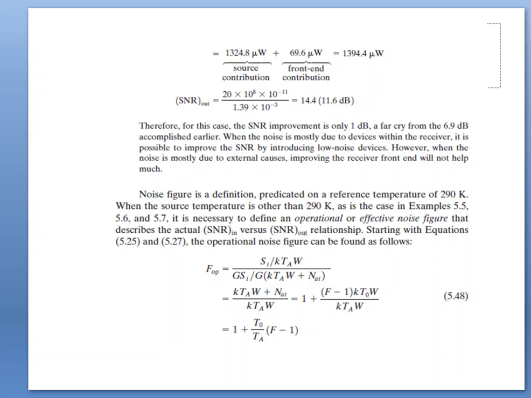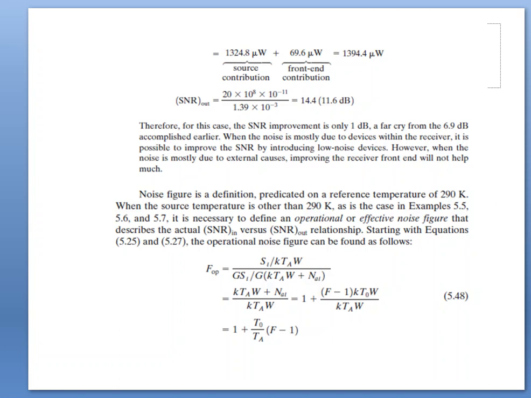Now the noise figure by definition is predicated on a reference temperature of 290 degrees Kelvin. When the noise temperature is other than 290, as in the example shown above, we use the operational effective noise figure that describes the actual SNR in versus SNR out relationship.